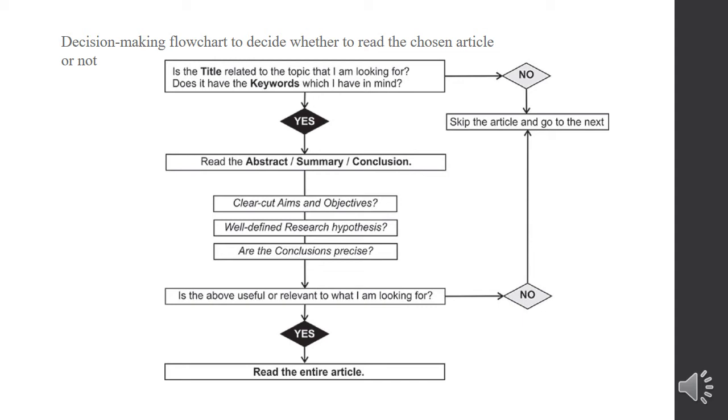Just skip the article and go to another article. Okay, that's the way to decide if the article that you are reading is the right one for you or not.